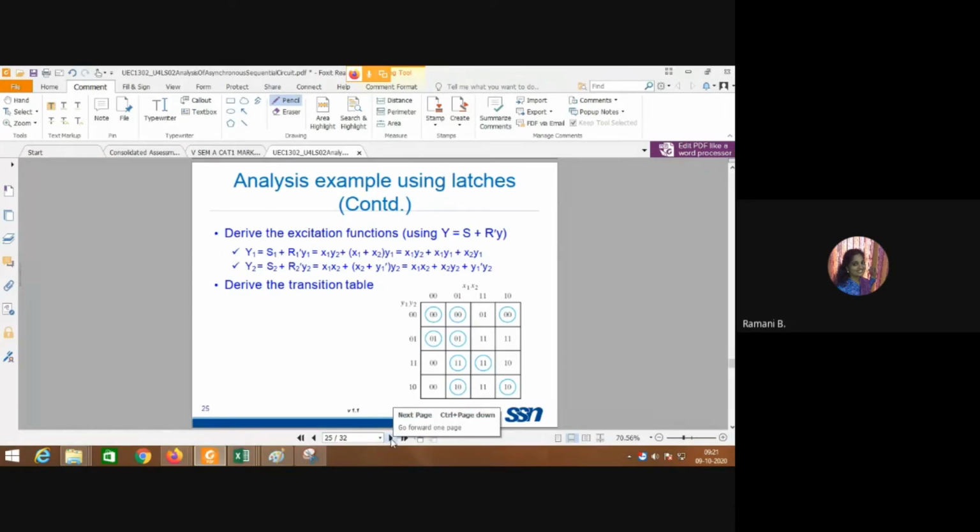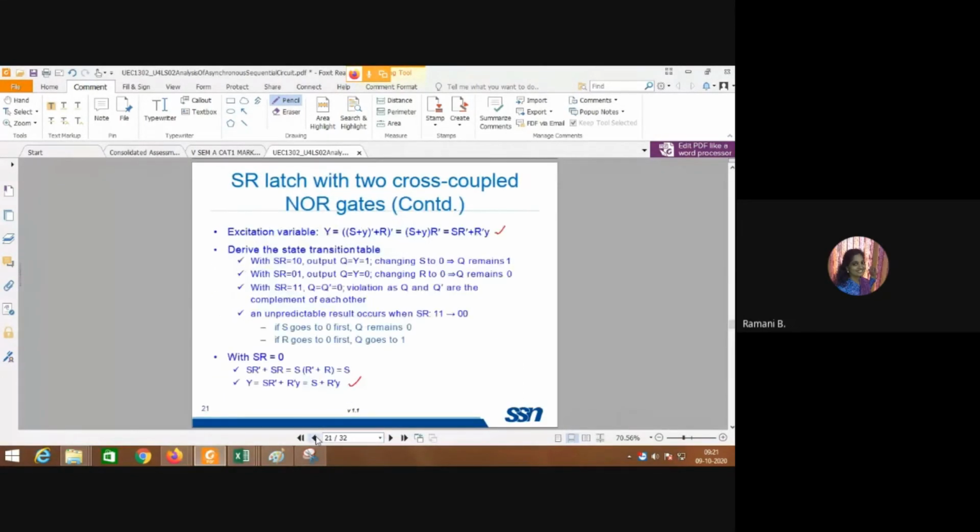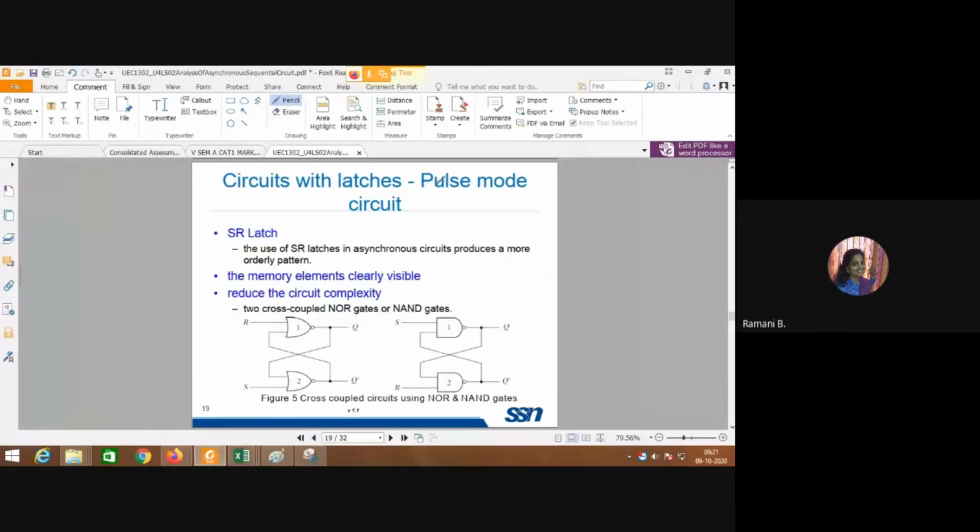So when you have latches in the circuit, we actually call those type of circuit pulse mode circuit. The name pulse mode circuit is given over there, and we have another type of circuit called fundamental mode circuit.